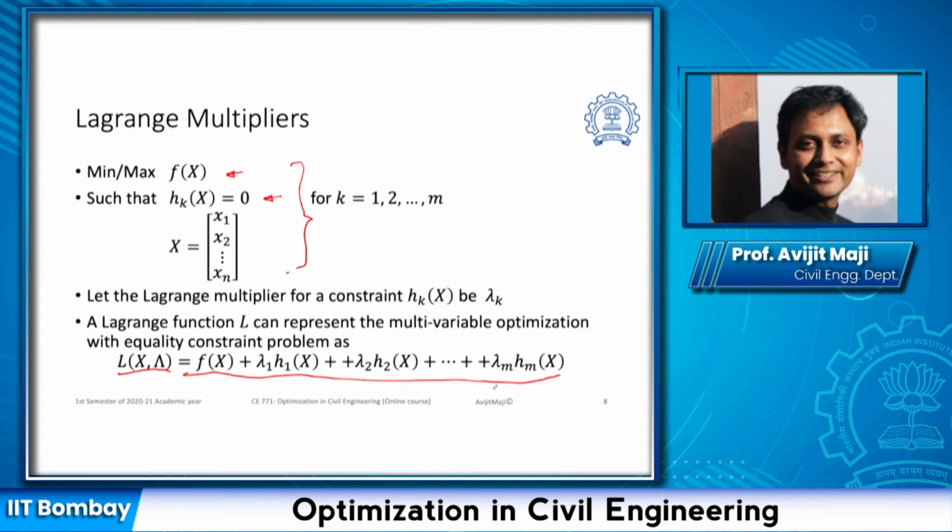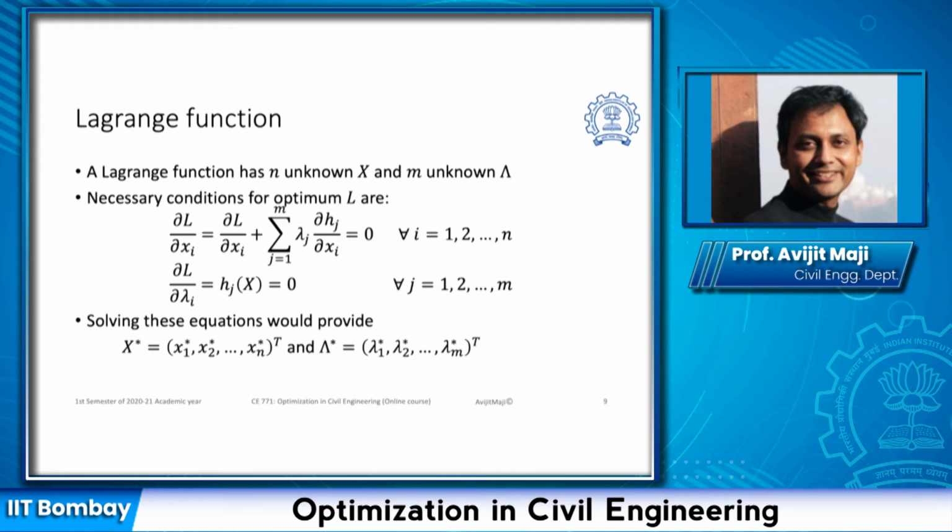As you can see in this equation, the problem has been converted into an unconstrained optimization problem, and we can use the characteristics of unconstrained optimization to solve it. So let's see step by step how we can solve this problem. In this Lagrange function, we have n unknown x and m unknown lambdas.